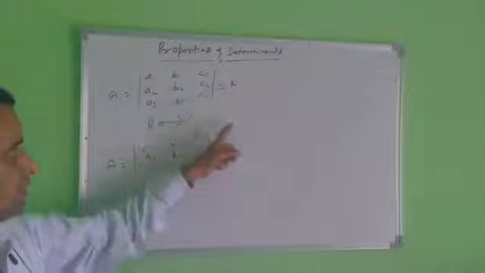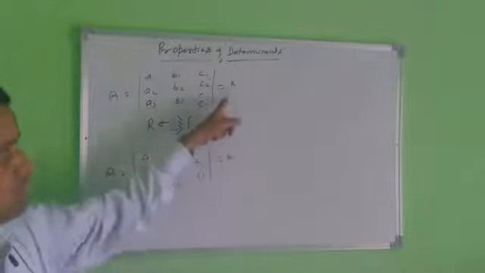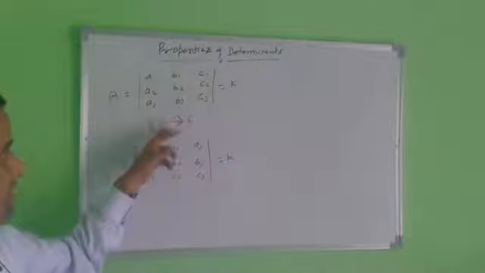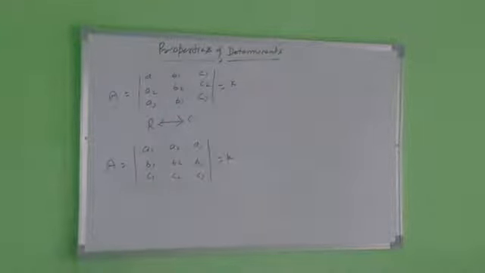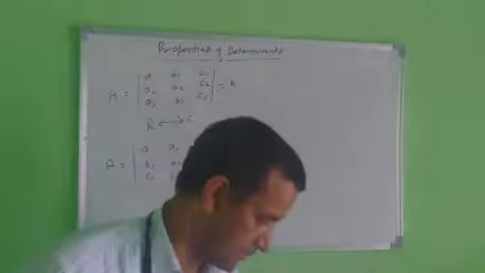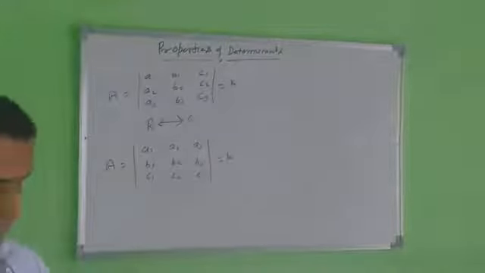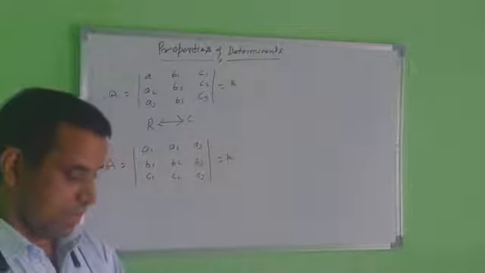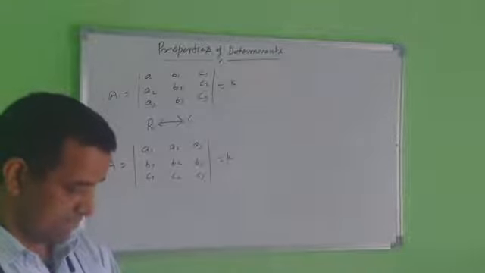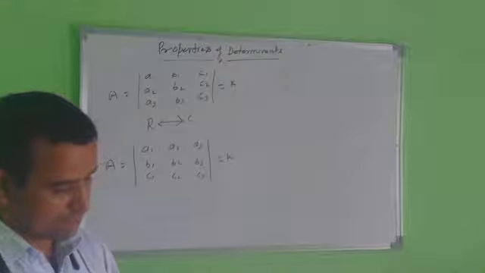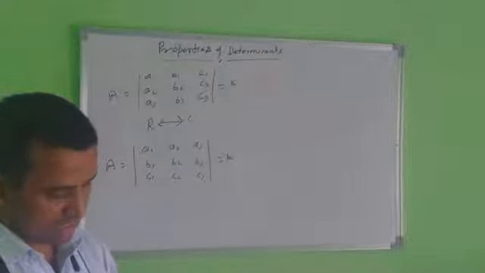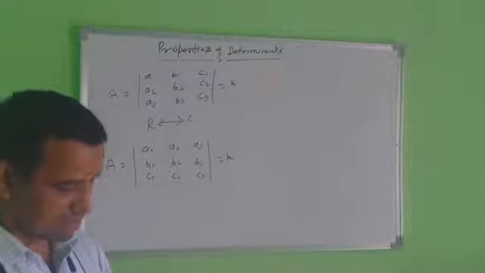It means when you interchange rows and columns, the value of the determinant is unchanged. So this is the first property. Now the second property. The second property says: if any two rows of a determinant are interchanged, then the sign of the determinant changes.